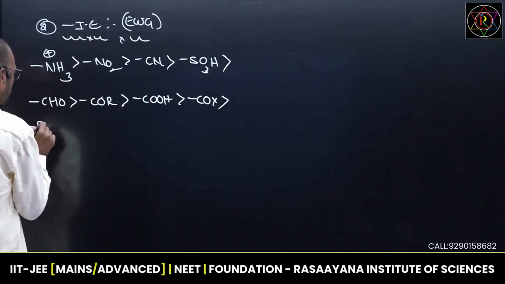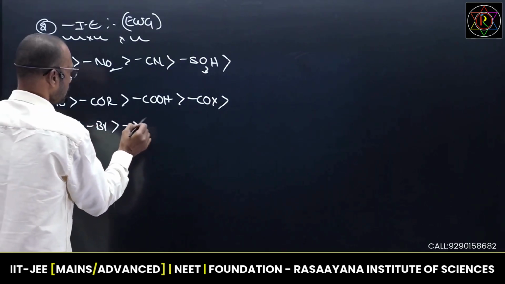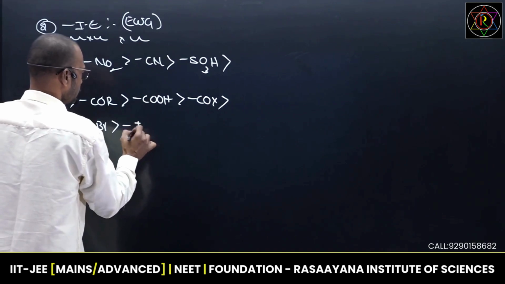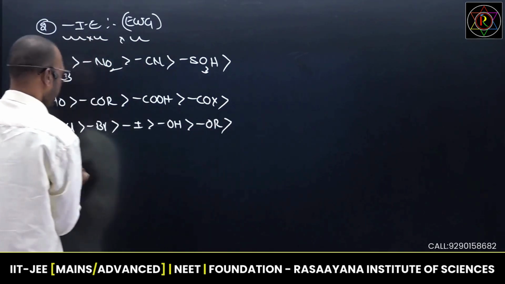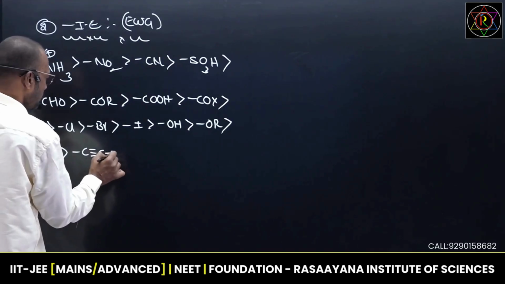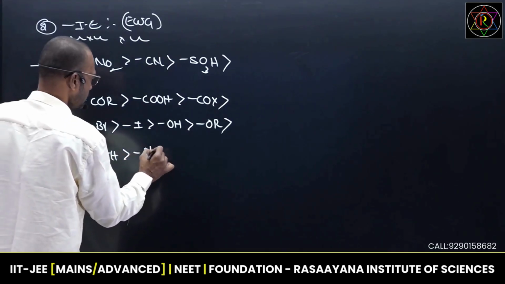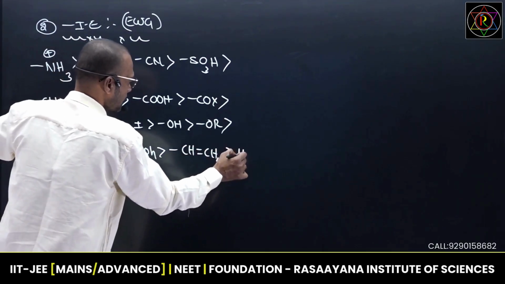Then after that you can go for fluorine, chlorine, bromine, iodine. Okay, then go through hydroxy, alkoxy, then even amine group, and go through carbon-carbon triple bond, then benzene, then finally carbon-carbon double bond, and at last hydrogen.